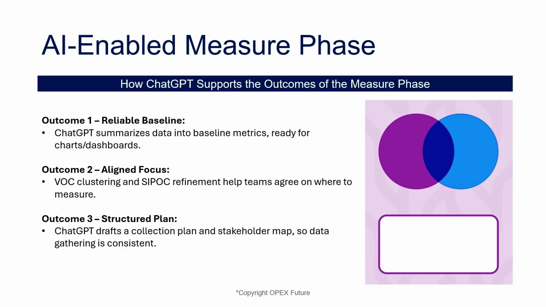Just to wrap up the AI-enabled measure phase, this is how ChatGPT supports the outcomes of the measure phase in Lean Six Sigma, the DMAIC methodology. We have 1, it can provide a reliable baseline. ChatGPT summarizes the data into baseline metrics, ready for charts and dashboards. 2, aligned focus.